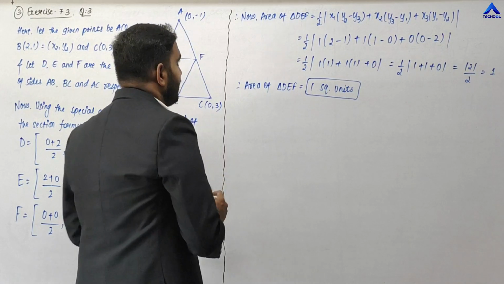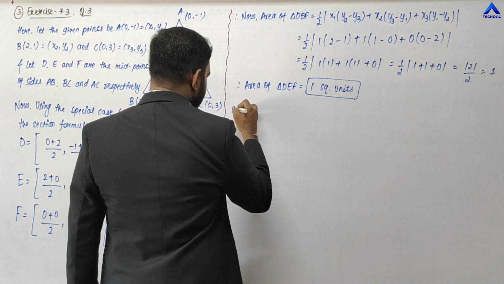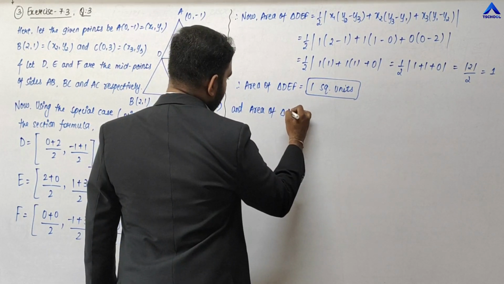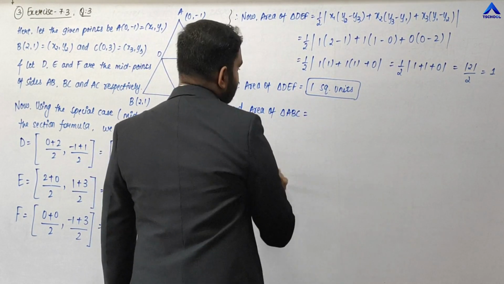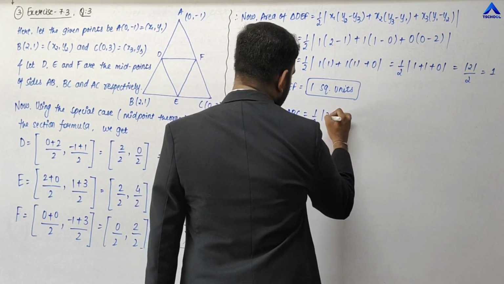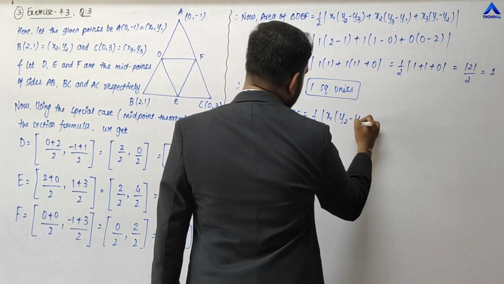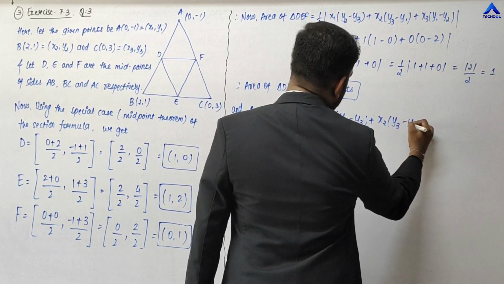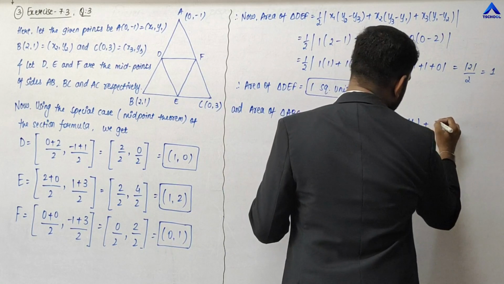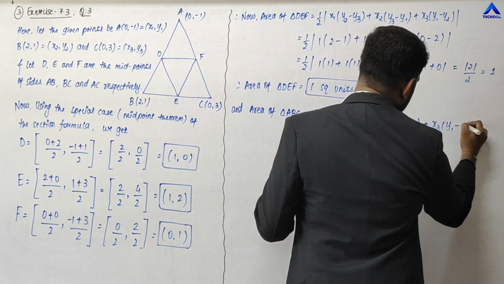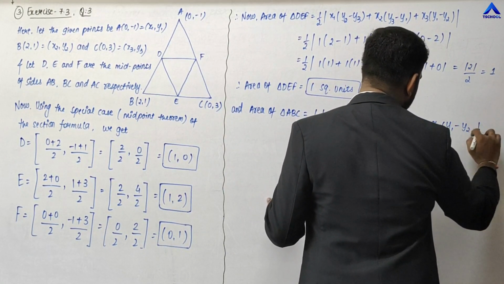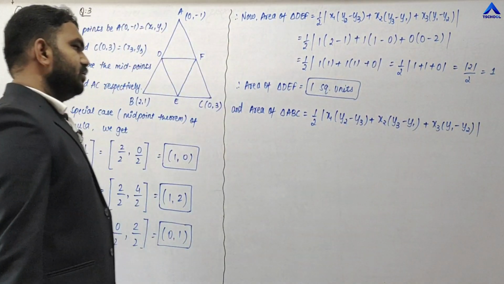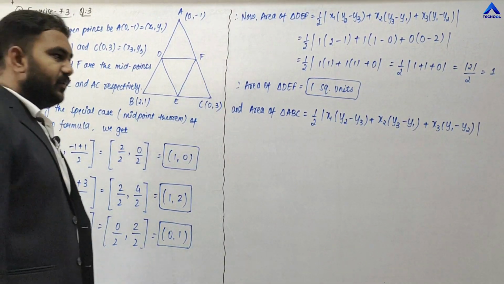So we got the area of triangle DEF, that is 1 square unit. Now we shall find out the area of triangle ABC, again using the formula half modulus x1 into (y2 minus y3) plus x2 into (y3 minus y1) plus x3 into (y1 minus y2). Okay, so that is the formula.